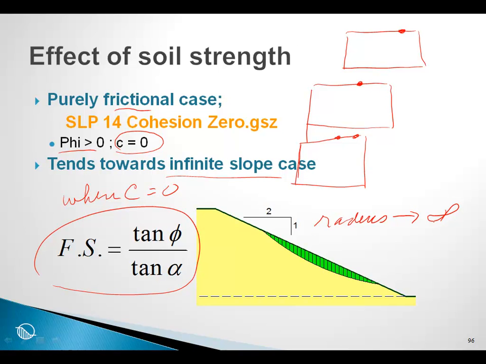This is rather difficult for a lot of people to accept and to handle at first, but indeed, if the soil truly does not have any cohesion, then this actually does represent real life and the actual case in the field.